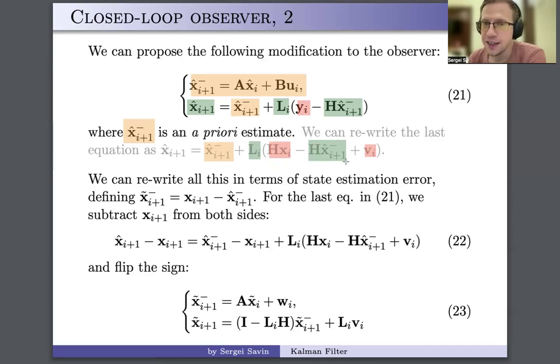So essentially, the last equation would look like this: our state estimation depends on our a priori estimation, which we discussed previously, plus lambda, our gain, times this expression in the brackets. All right, that is the proposition.